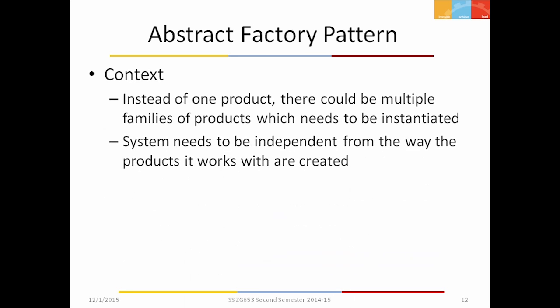So from factory method, let's look at abstract factory pattern. Kind of similar, but not exactly the same. Here the context is, instead of one product, like the example of HTML document and PDF document, there could be multiple families of products which need to be instantiated, and the system needs to be independent from the way the products are created, plus the products are used after creation.